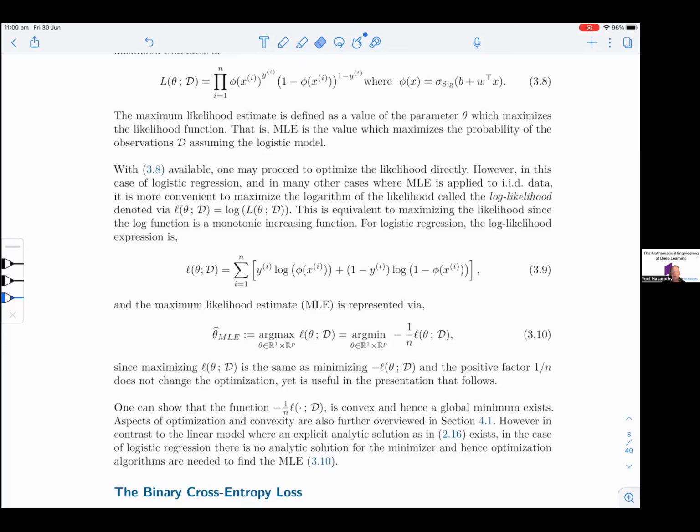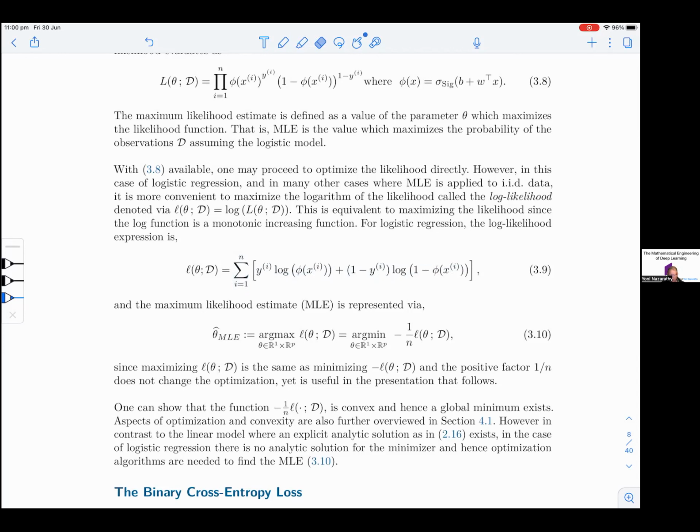For logistic regression, taking the log of this thing, the product becomes a sum, and the powers move over to the side, and that's what happens when we take the log of the likelihood. The log likelihood expression is the summation over all observations of yi times log of phi of xi plus 1 minus yi times log of 1 minus phi of xi.